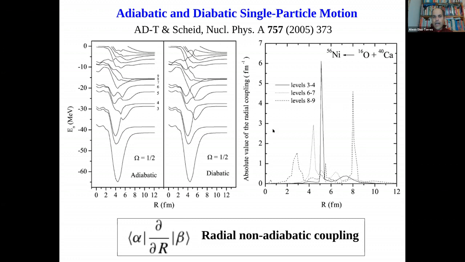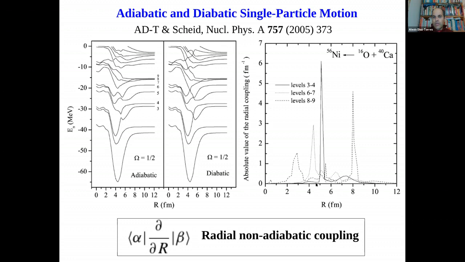And here on the left-hand side, I show the absolute value of these radial couplings. And you can see that there are pronounced structures of these couplings when avoided crossings between the levels exist. For example, if we look at the coupling between levels 3 and 4, the solid line, we see that at distances other than the distance where this avoided crossing appears, this coupling is very small, but at the location of this avoided crossing, the couplings are very strong.